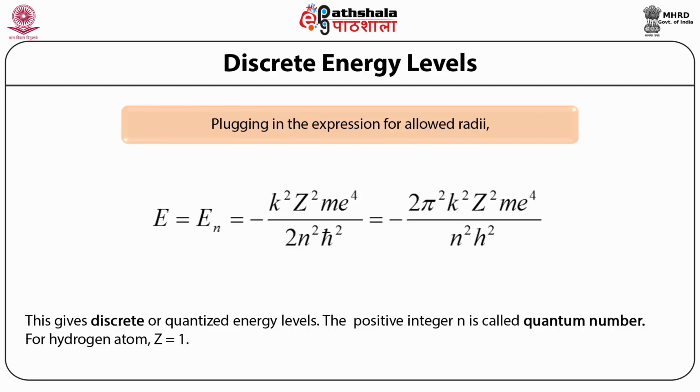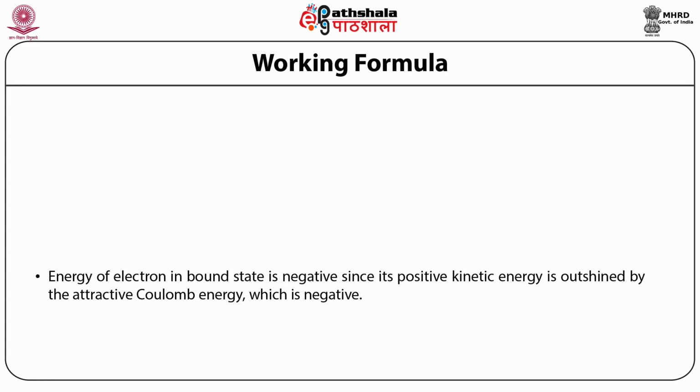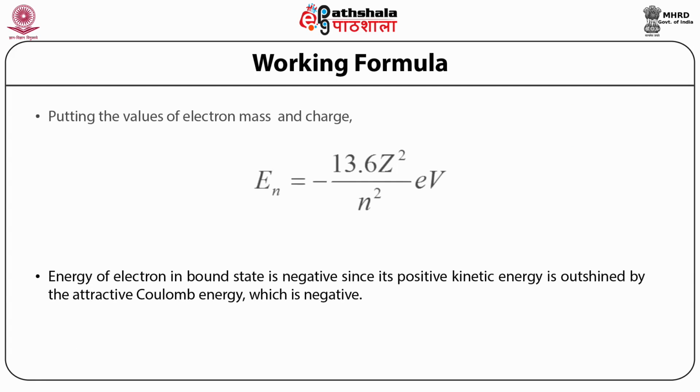And if you're talking about the hydrogen atom, then the atomic number Z has to be set equal to 1. So these are really the energy levels of the hydrogen atom. Z is the atomic number, you should remember. Here on the screen, you can see a very useful working formula: the energy levels of an atom are minus 13.6 Z square by n square, and the unit is electron volts.